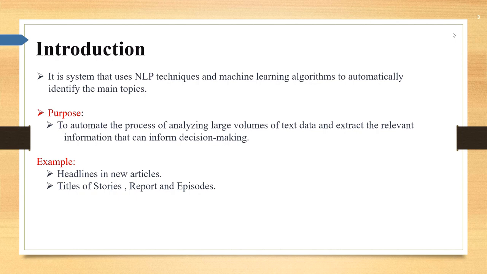For example, headlines in news articles or the titles of blogs are the best example of the topic identification system, because it will create such titles or headlines that will seek the attention of the people who read the newspapers, and that is where the users, by reading the headlines or the titles of the blogs, are going to definitely read those news or blogs, and that is where the topic identification comes into the picture.